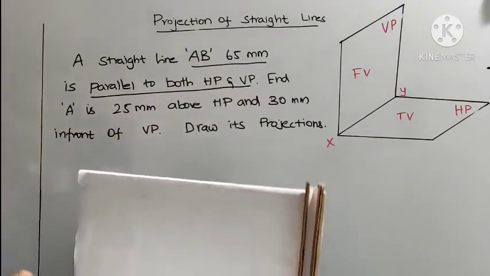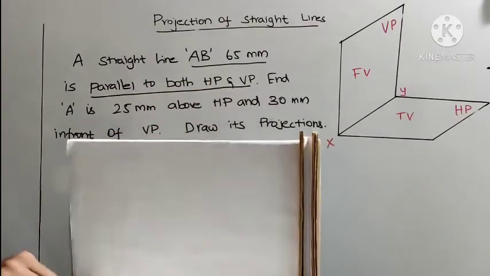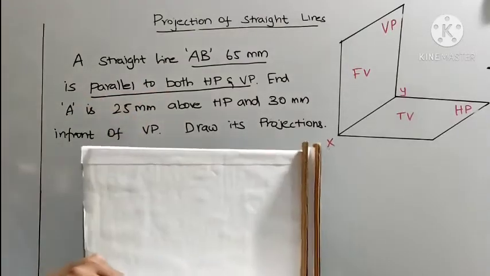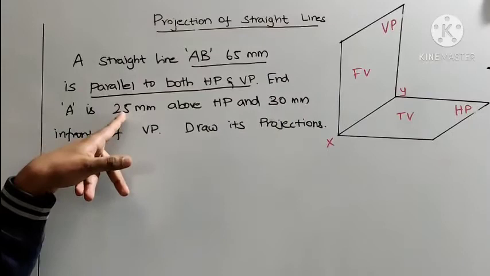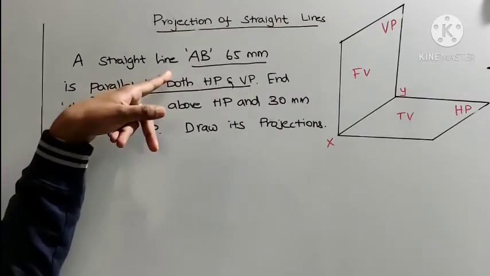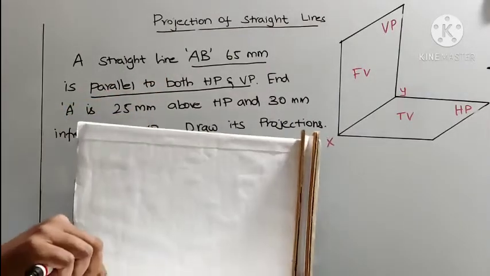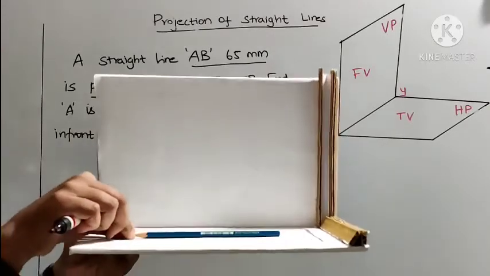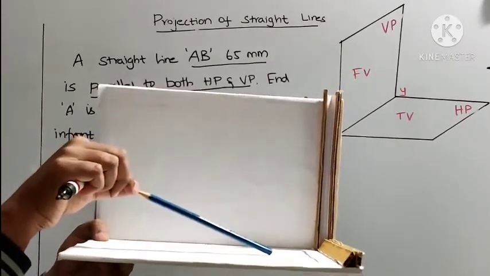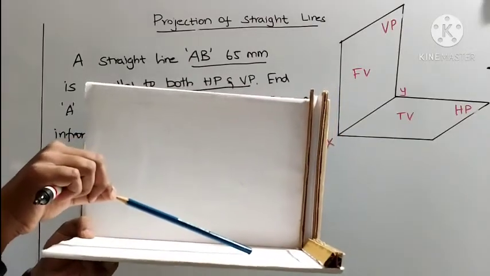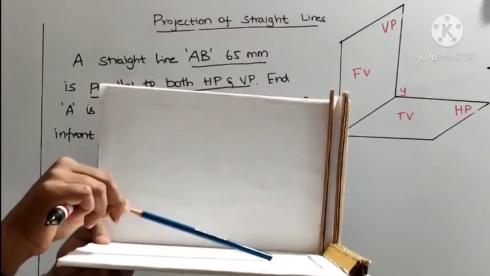Then they mentioned the end A, which is 25 mm above HP. When you are applying the second data, it should not violate the first data. For instance, if I lift only the end A like this, then it violates the first data. The line should be parallel to both HP and VP throughout the problem.